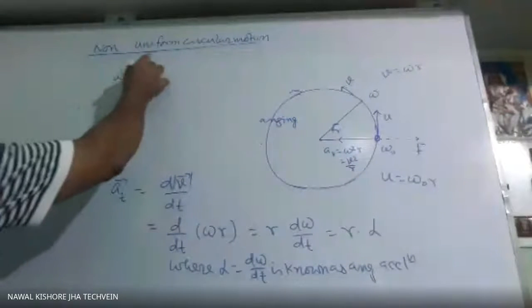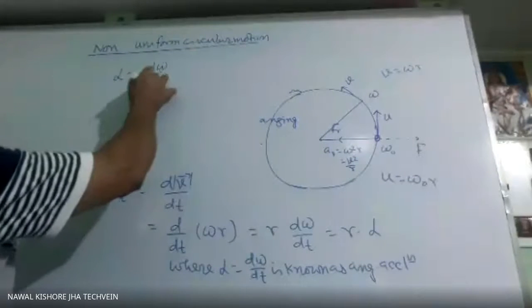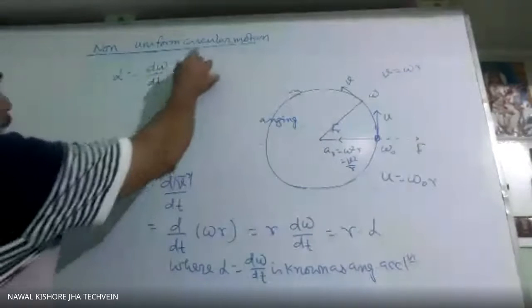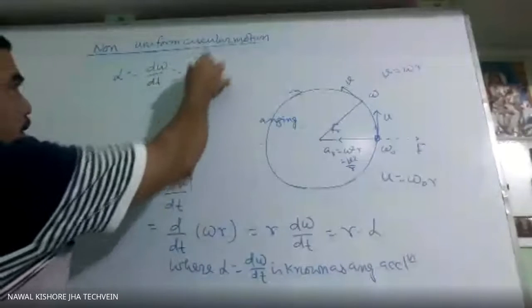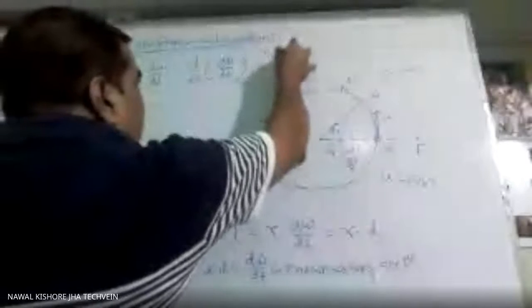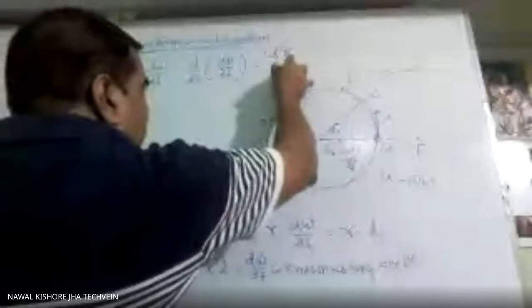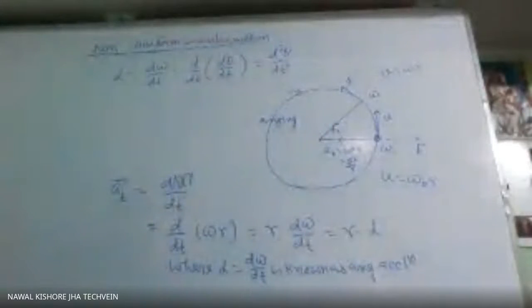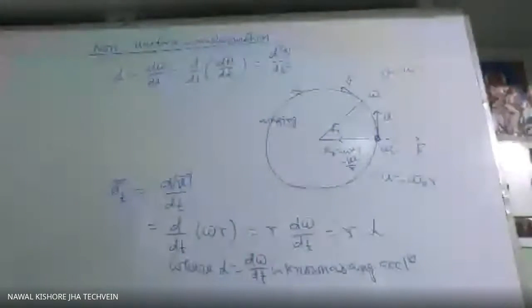So this alpha, which is d omega by dt, we can write as d by dt of omega, which is d theta by dt. So it can be d2 theta over dt square also. And if you are given theta and you are asked alpha, then you will have to differentiate twice.